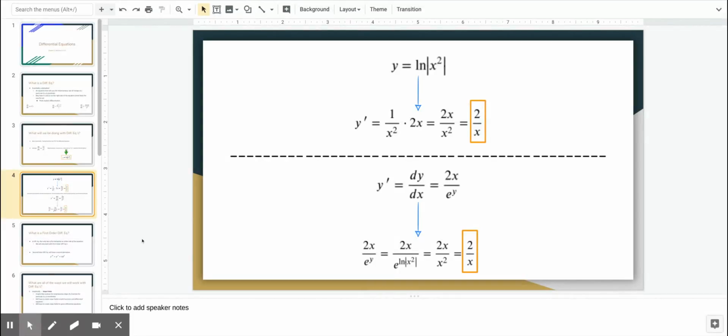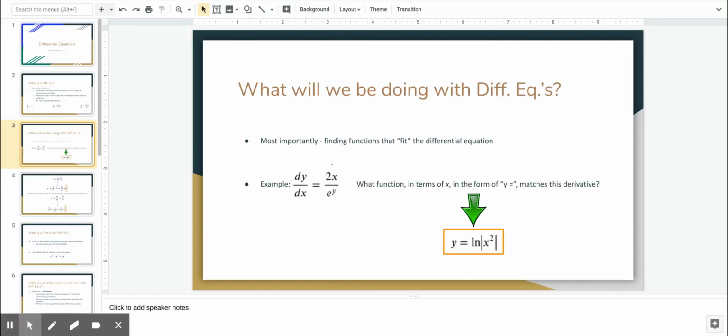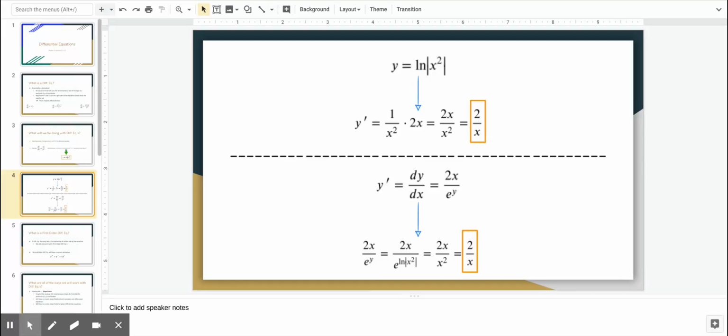Now you might be thinking, you said that the differential equation isn't 2 over x, it's 2x over e to the y. So how is 2 over x exactly the same as 2x over e to the y? Well, y prime, which is the same thing as dy/dx, we said is equal to 2x over e to the y.